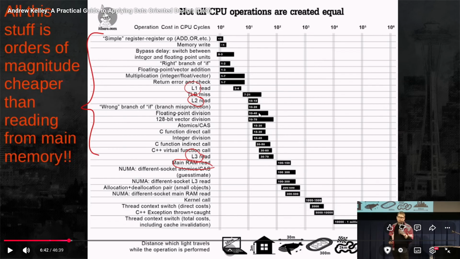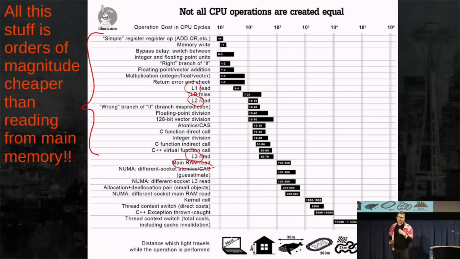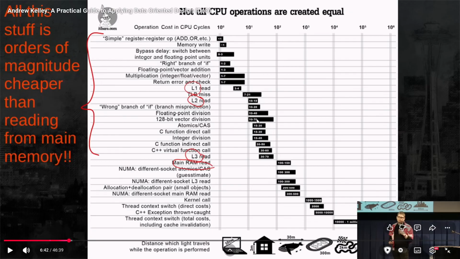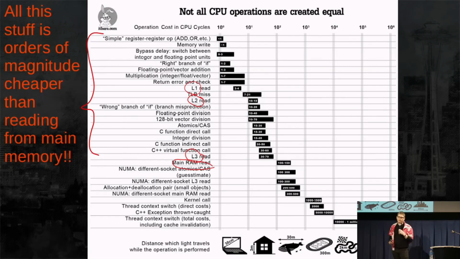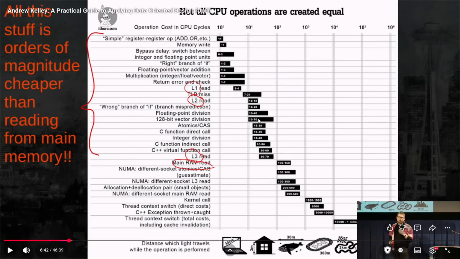So instead of doing a division, you can do two divisions. You can do one division, the reciprocal of a square root of your magnitude, which will be your division factor.